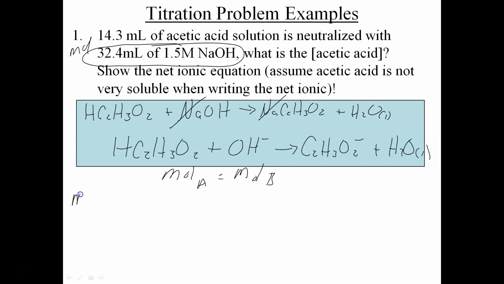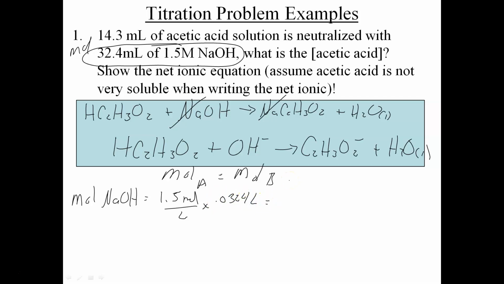The moles of NaOH are equal to, you have 1.5 molar solution, that's 1.5 moles per liter, and we needed 32.4 milliliters, that's 0.0324 liters.